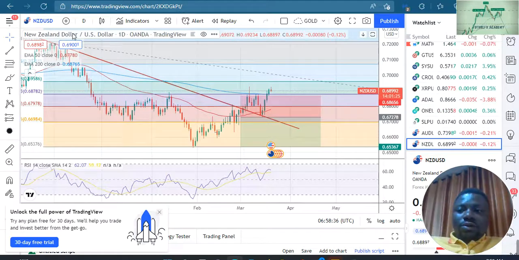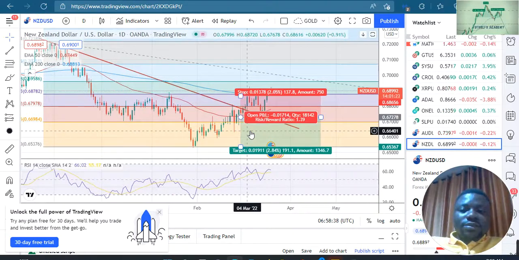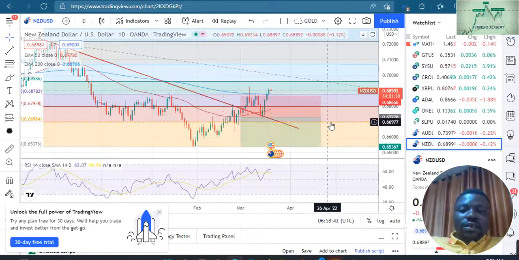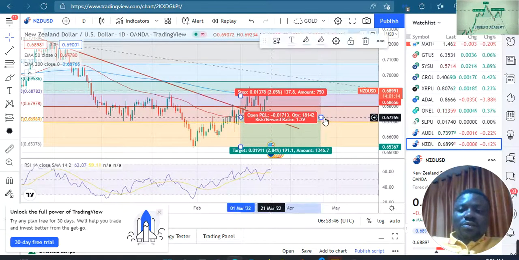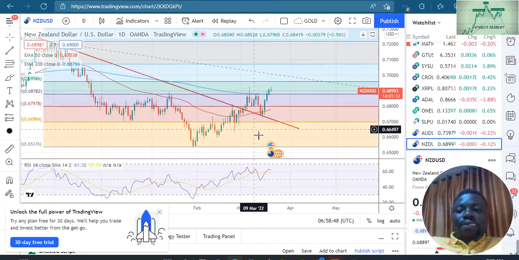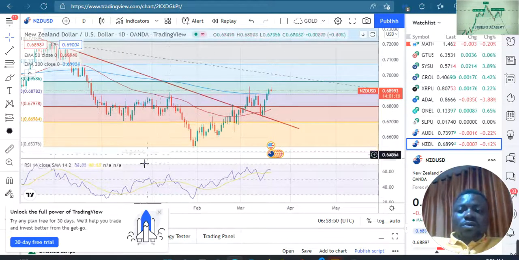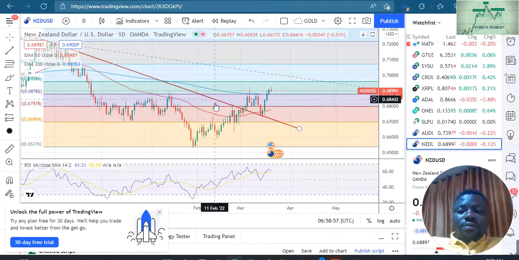Now on NZD USD. This analysis actually failed, and as a result of that, we'll be looking at something new on this particular analysis. What am I trying to say?